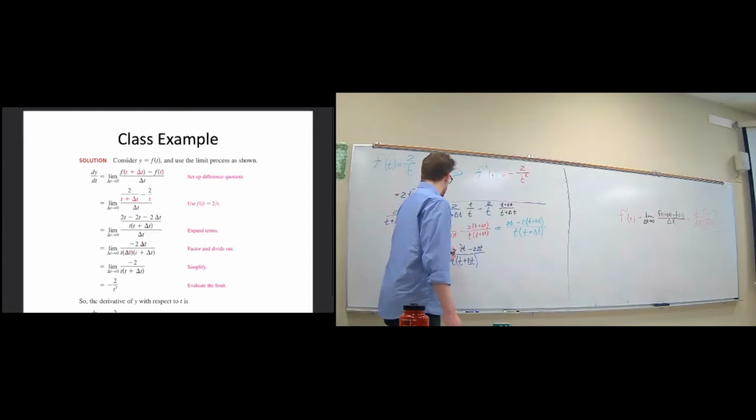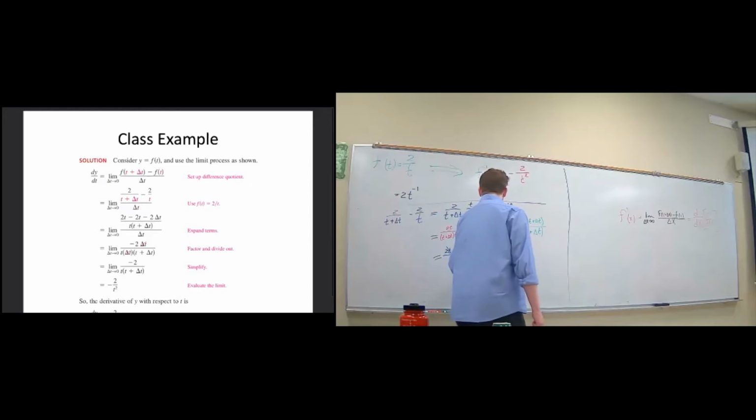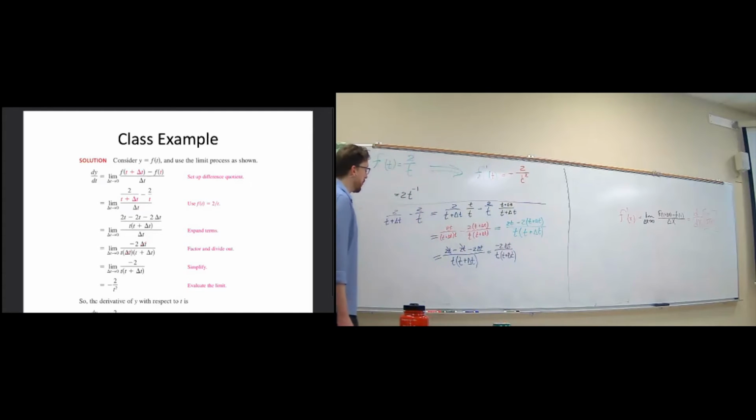These 2t's are going to cancel, and what we're left with is negative 2 delta t divided by t times t plus delta t. Well, we could rewrite this if we wanted to, but let's not do that just yet.